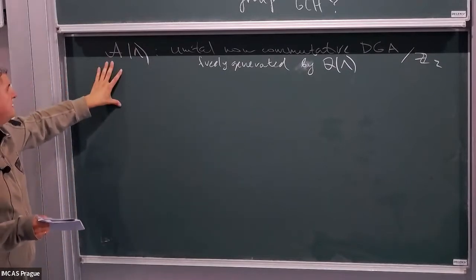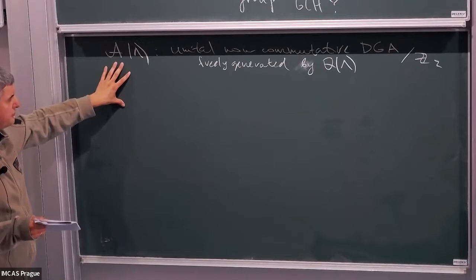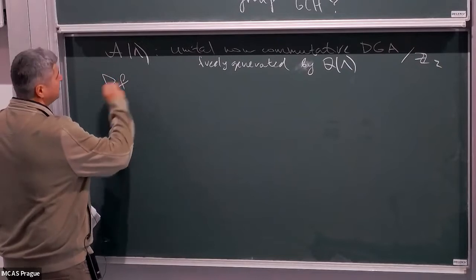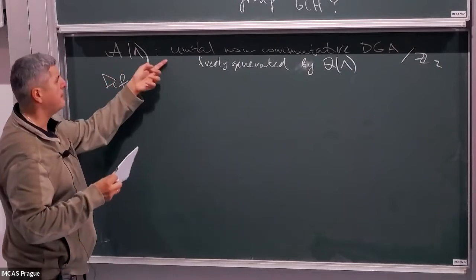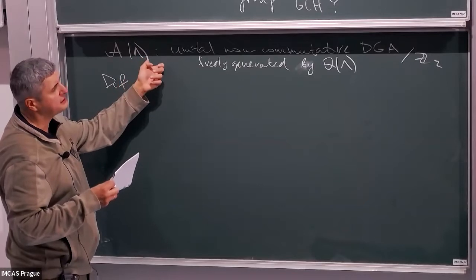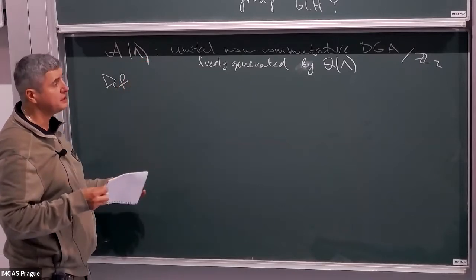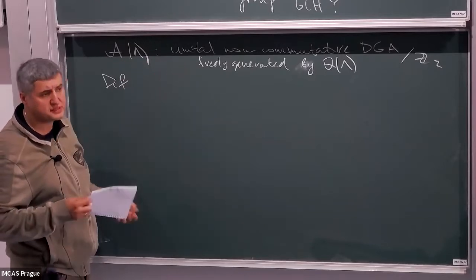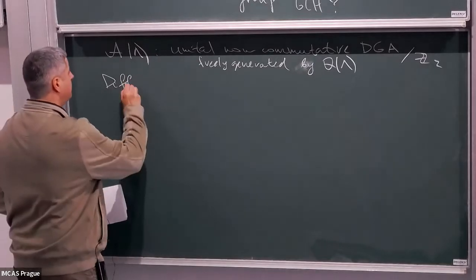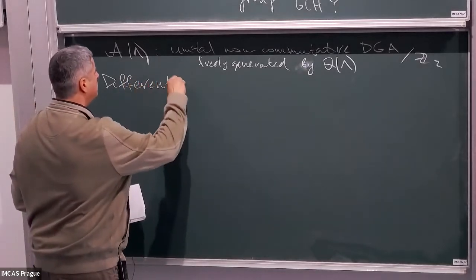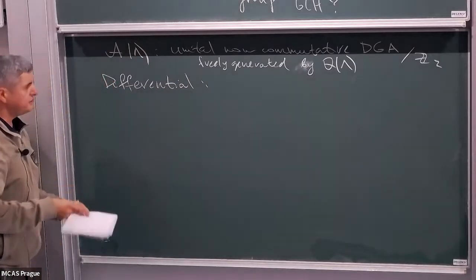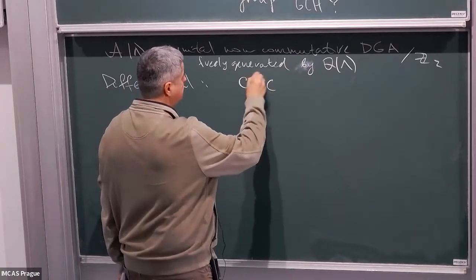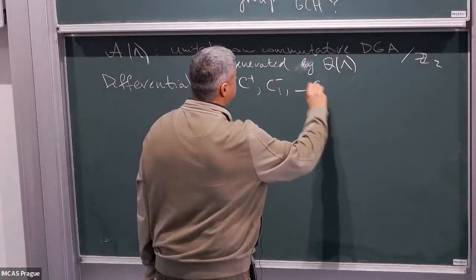I won't say too much about the grading, but I'll explain the differential. For those who know, this grading comes from the so-called Maslov index, or Conley-Zehnder index, that one can associate to these Reeb chords. The differential is given in the following way. Let's say you have chords C plus and C1 minus, up to Ck minus.